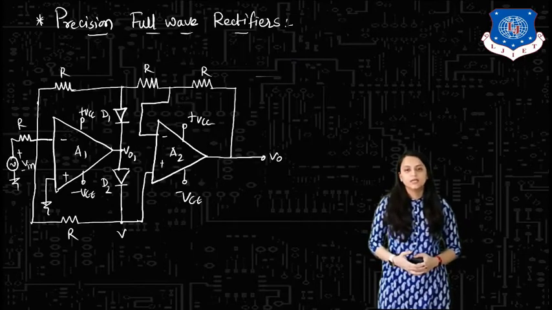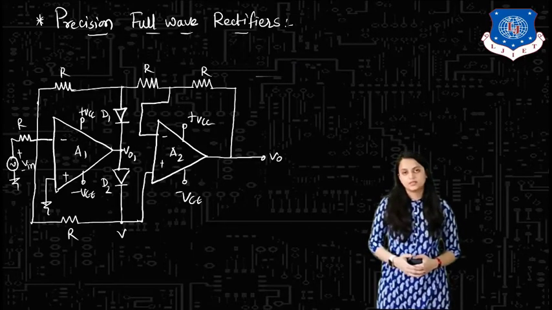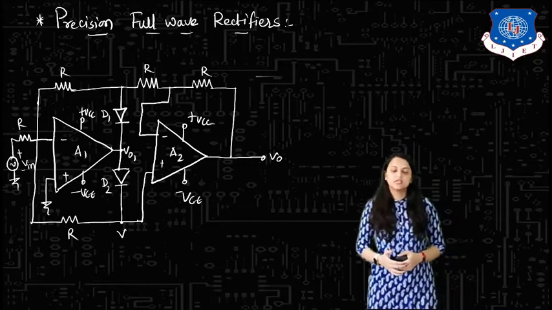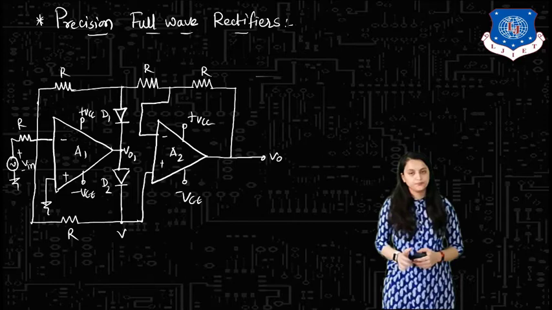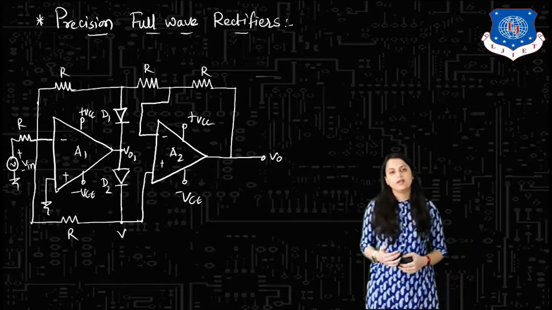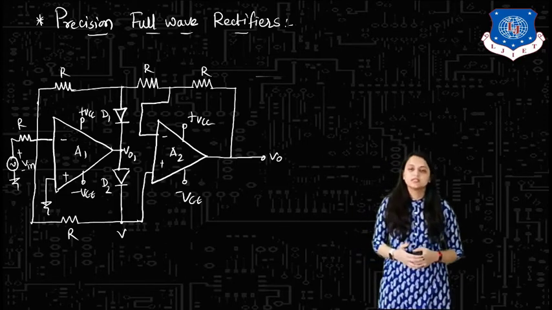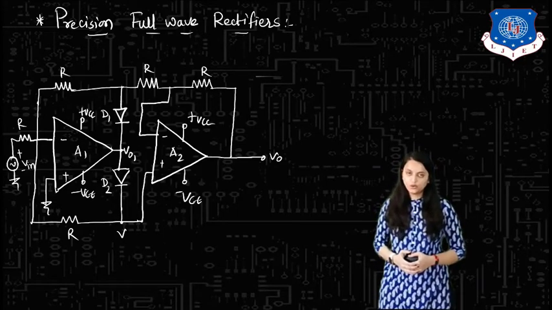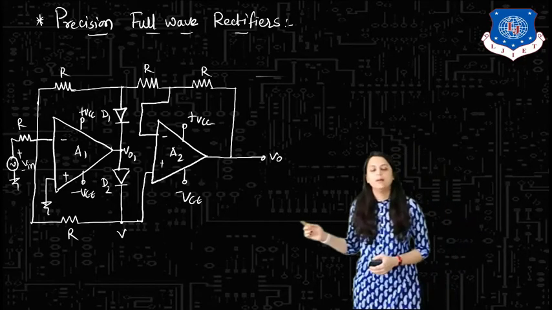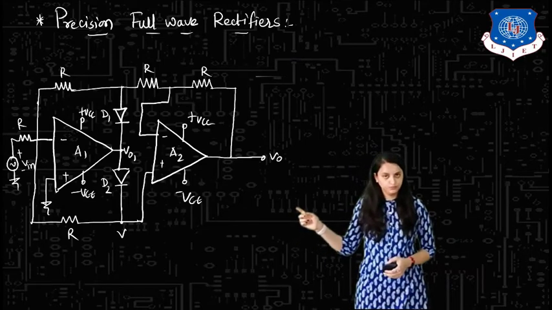Now, let us see precision full wave rectifiers. Till now we have seen the half wave rectifier, that means it operates for the half cycle only. Now, if we want full wave rectification, this is the circuit diagram for the precision full wave rectifier. In this, two amplifiers are used, A1 and A2.